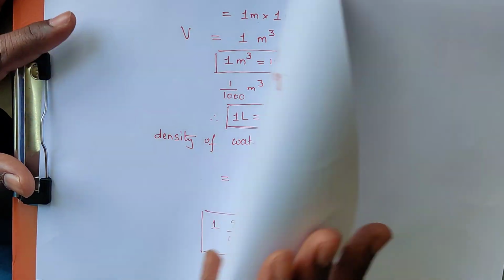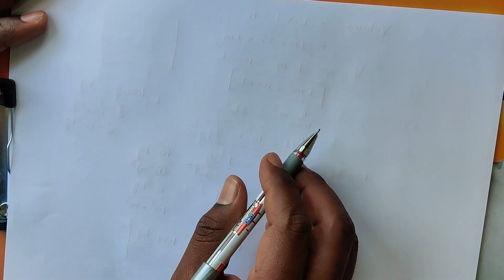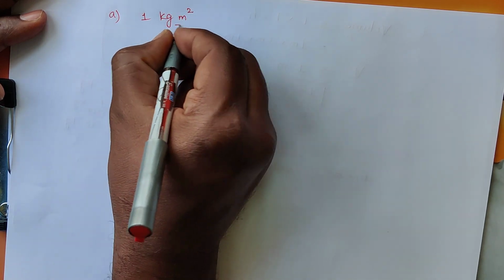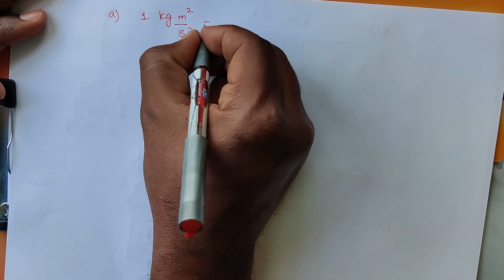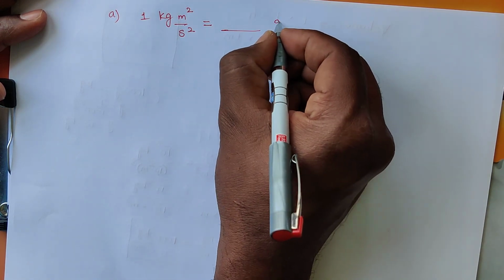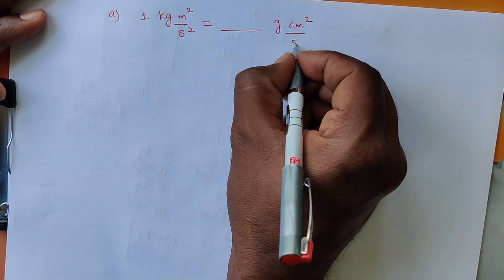I would like to give you one more example to solve. Express 1 kg meter square per second square in CGS system of units, that is equal to in gram centimeter square per second square.